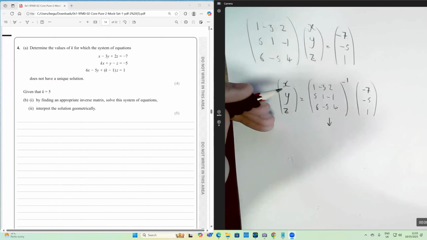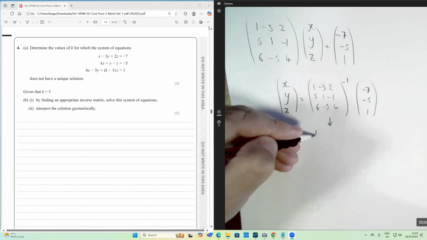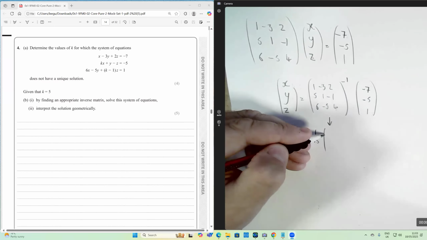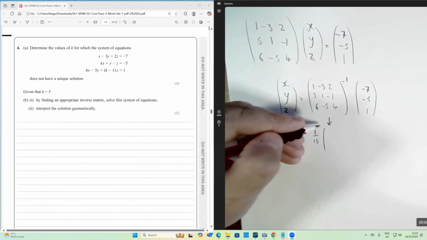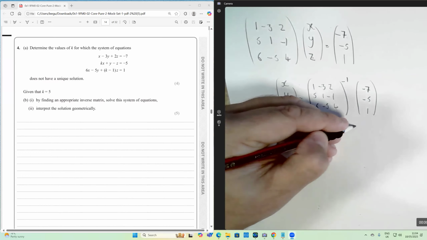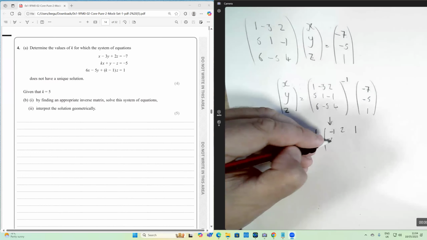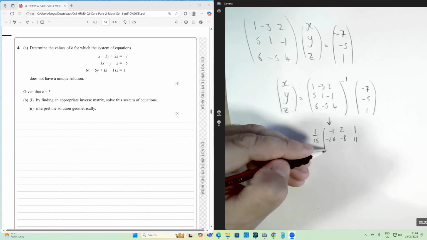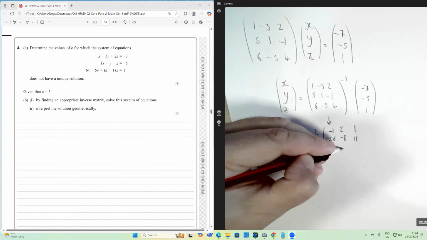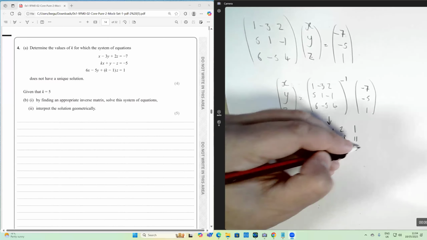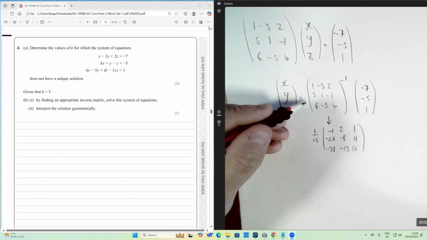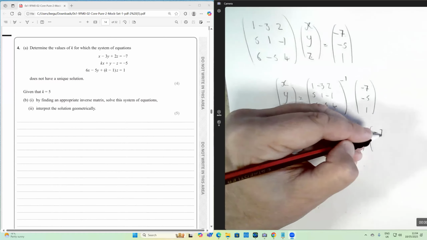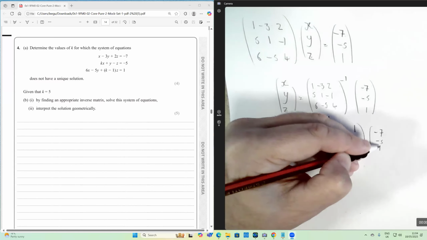But when we do that, we find that we get the following. 1 over 15 can come out as a factor, so our inverse is 1 over 15, and this is going to be -1, 2, 1, and then -26, -8 and 11, and -31, -13, and 16. So that is our inverse matrix, and we're going to multiply that by the -7, -5, 1.